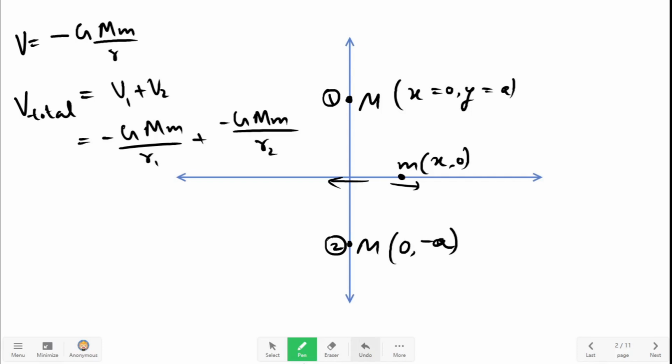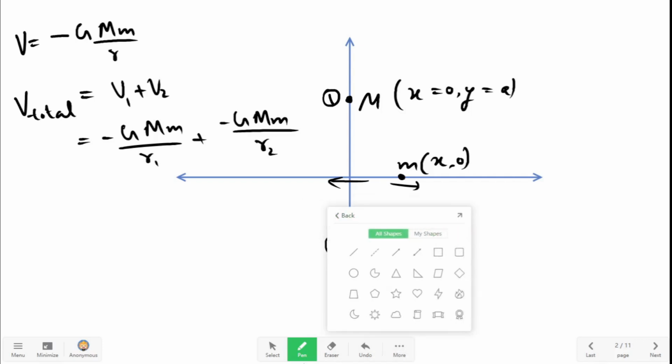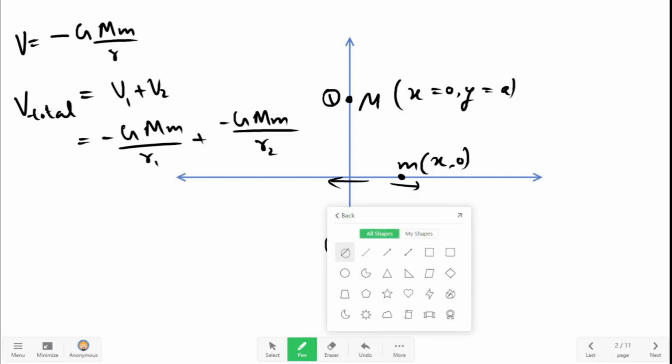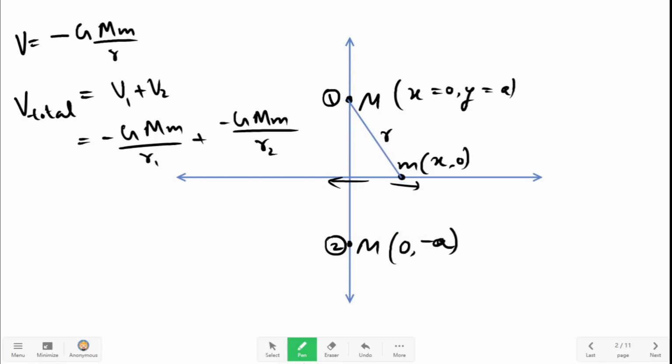Here r1 and r2 are the distances from here to here. This is r1, which is equal to root of x1 minus x2 the whole square plus y1 minus y2 the whole square, which is x square plus a square.